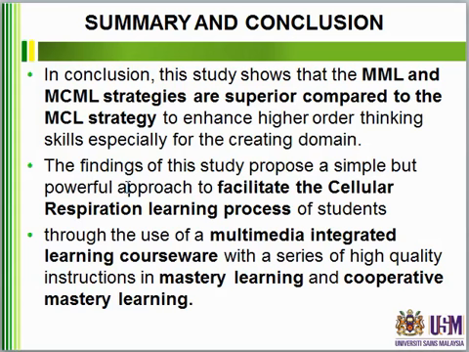The findings of this study propose a simple but powerful approach to facilitate the cellular respiration learning processes of students, through the use of a multimedia integrated learning courseware with a series of high quality instructions in mastery learning and cooperative mastery learning. So we can actually use the integrated learning courseware.